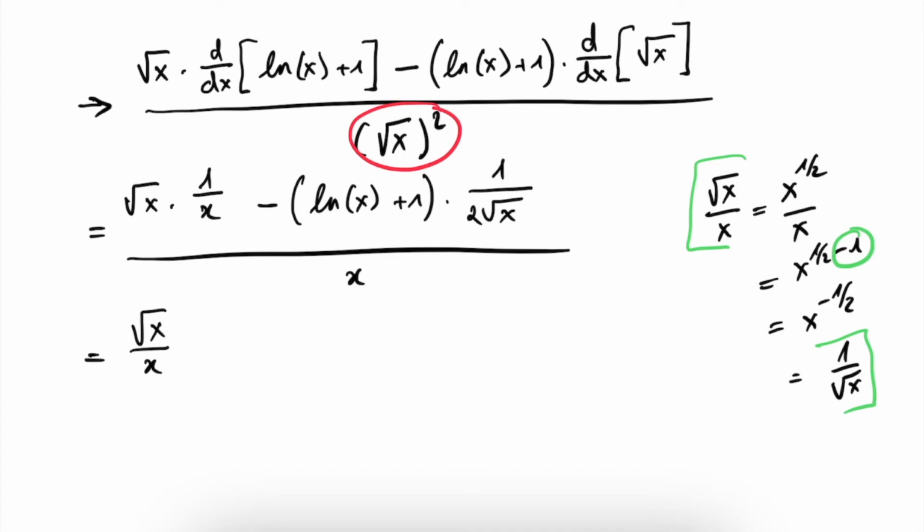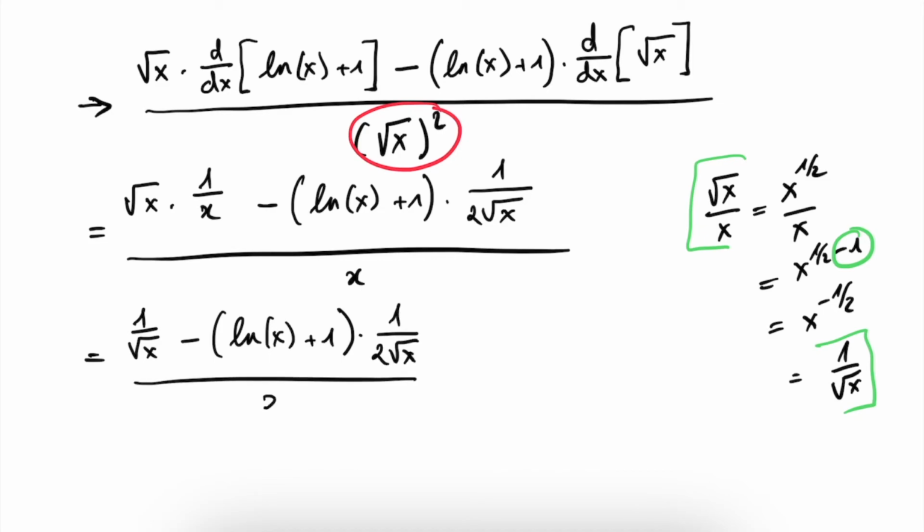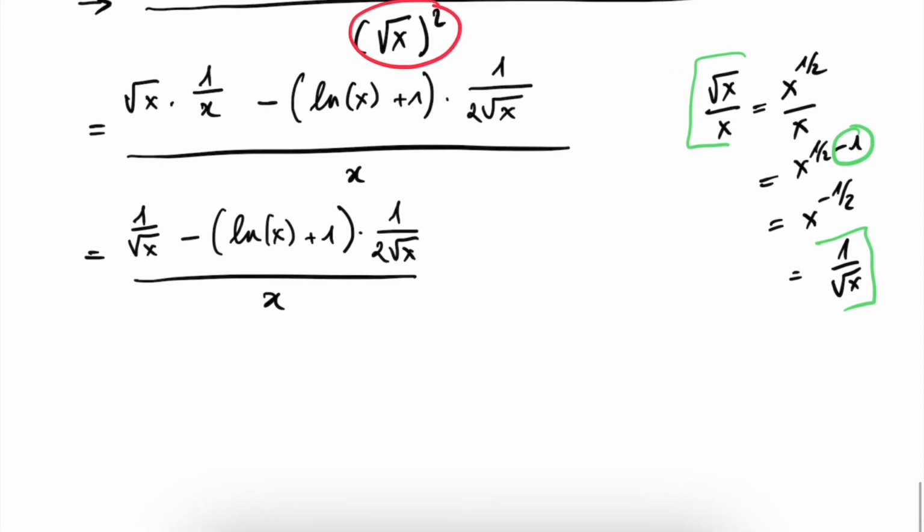So we can just as well rewrite this first term, because we already know that the square root of x divided by x is equal to 1 over the square root of x, minus ln of x plus 1 times 1 over 2 times the square root of x, divided by x. Let's see what this becomes.